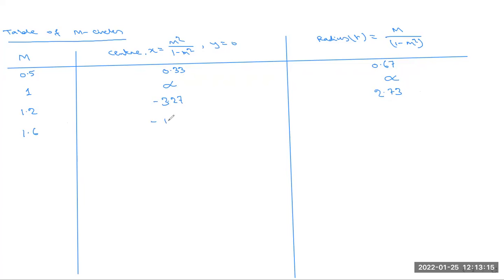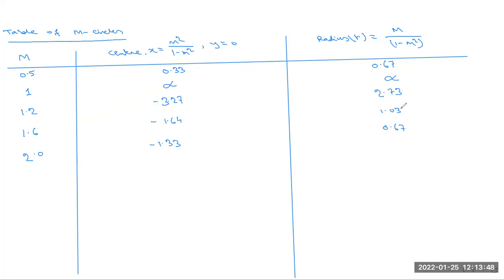This value is coming minus 1.64, and this is 1.03. Another one we have to put is 2.0. So here the value of M is 2. You have to calculate the value, that is minus 1.33, and this value is coming 0.67.